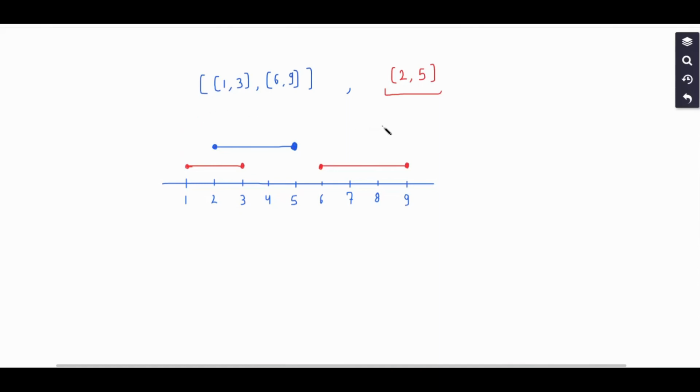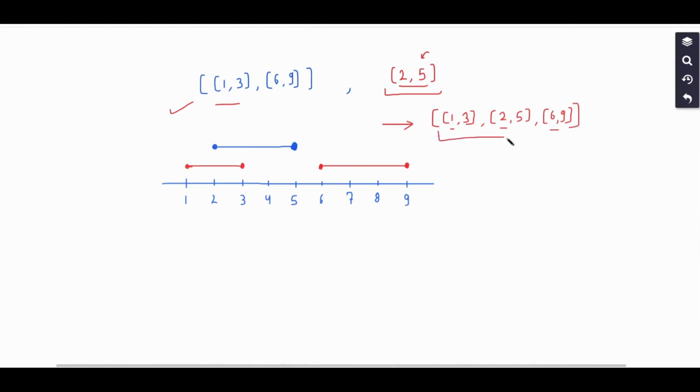The first step is to insert this interval into the right position in the array. So what we did here is that we inserted this new interval into the second position in this array, because we want our intervals array sorted by the starting time, and it is sorted by the starting time.